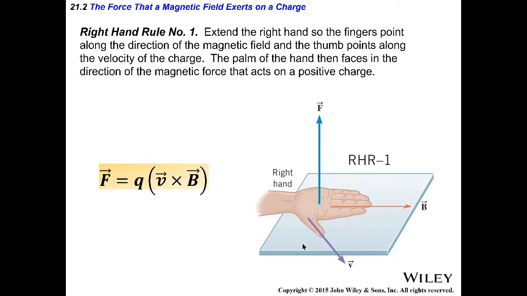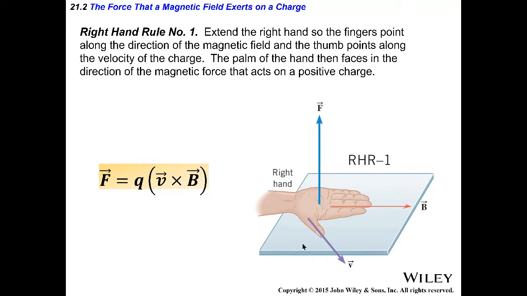I first let my palm point in the direction of V. Whatever V is, because I was going this way, so my V is this direction. And then I will wrap my hand in the direction of the magnetic field. So if I'm going this way and the magnetic field is this way, then my thumb will show me which way is the force.